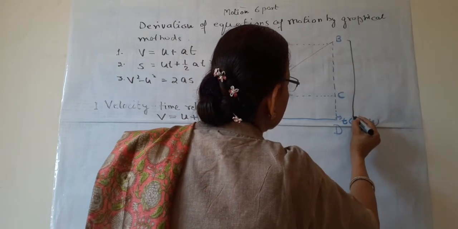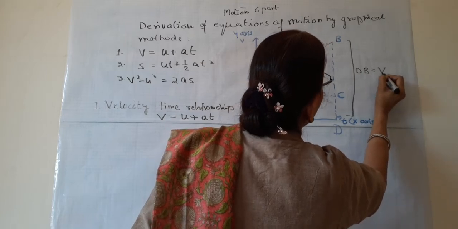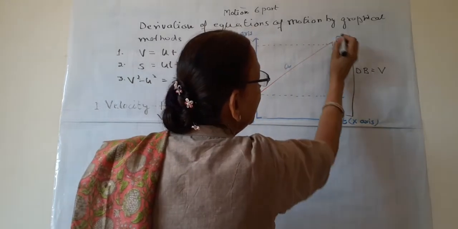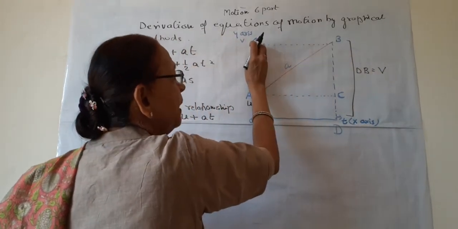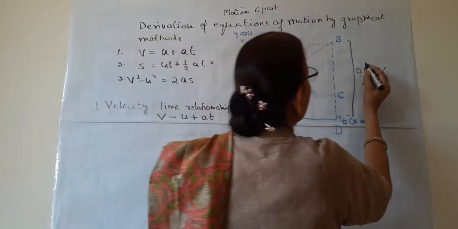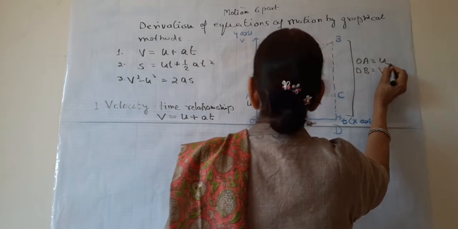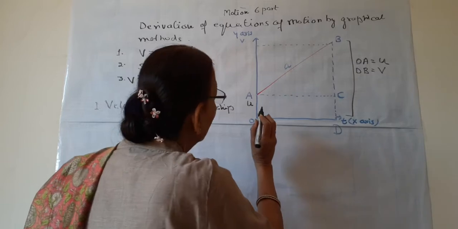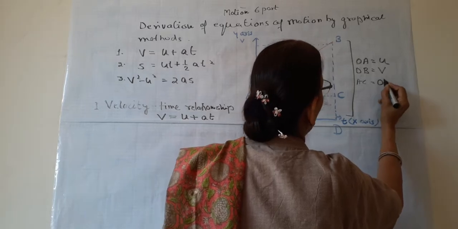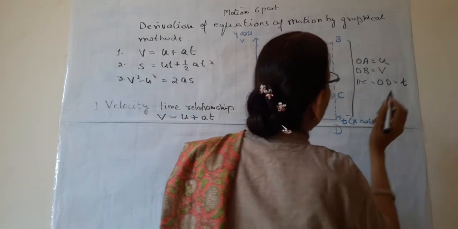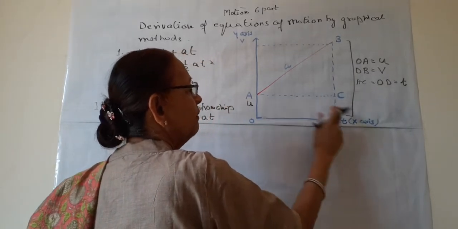So this DB is final velocity v from origin to this point B. OA is the initial velocity u, and this AC is equal to OD, which is time interval t.